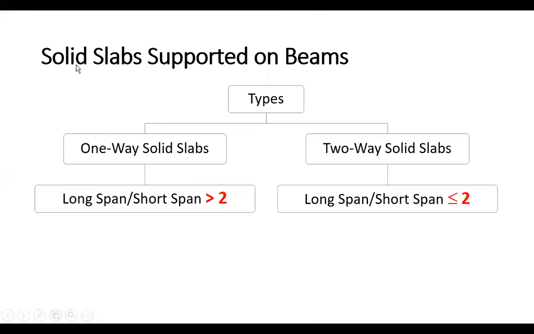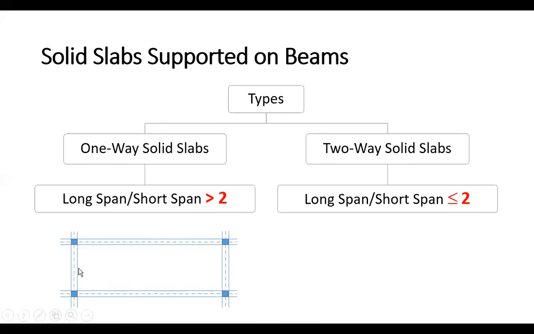For the solid slabs supported on beams, which is the topic of our lecture today, there are two main types: one-way solid slabs and two-way solid slabs. What is the difference between one-way and two-way solid slabs? It depends on the geometry. Let's say this is a slab. The long side of the slab we call the long span, and the short side will be the short span.